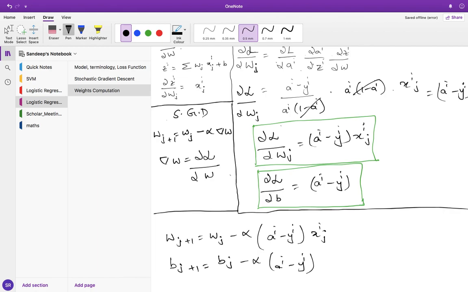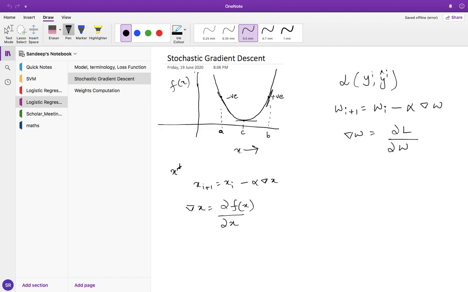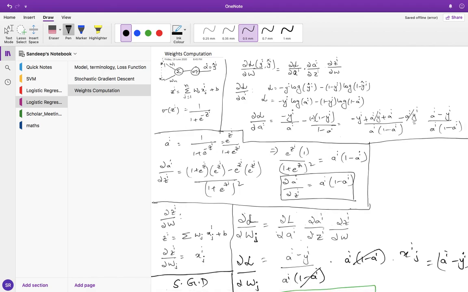So this is the derivation. It's very easy, not too complex, as we have seen what a logistic function is and how to compute dou L divided by dou W. In the previous section, we have seen why we need that. In the stochastic gradient descent algorithm, the update equation needs the gradient term. So the gradient terms are computed in this particular section. So this is what we got: dou L by dou ai, when we differentiate, we got ai minus yi divided by ai into 1 minus ai.